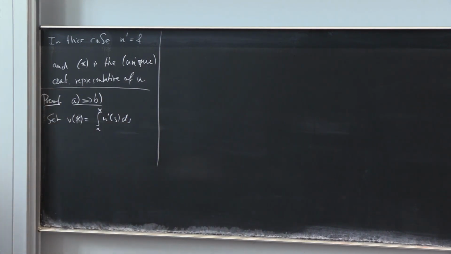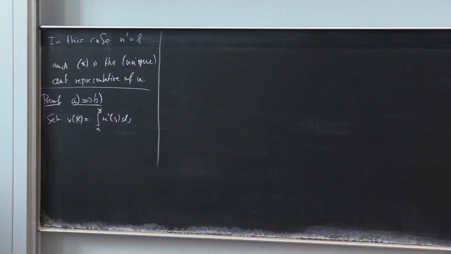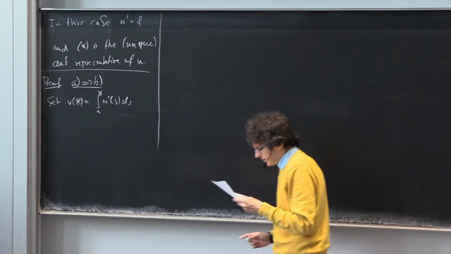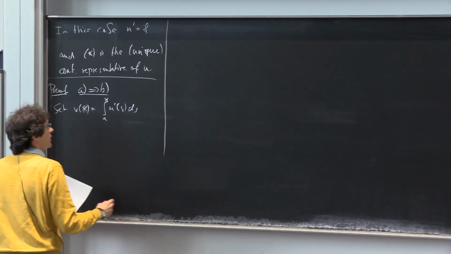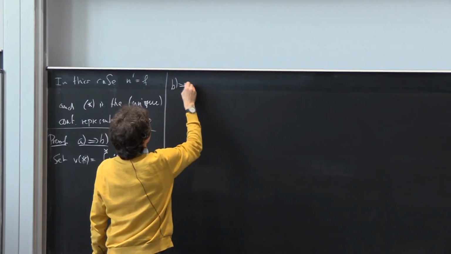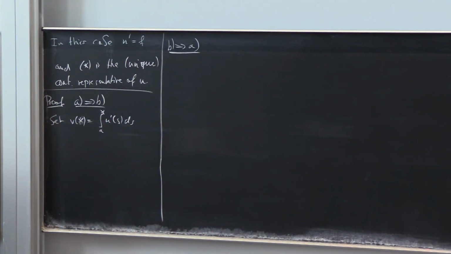If you go from a to b, this is well defined, because u is weakly differentiable and the derivative is L1, so we can write down this v. And we will see, and then, I have to do the other direction first. Okay, so let's go from B to A. We will finish this in some minutes.